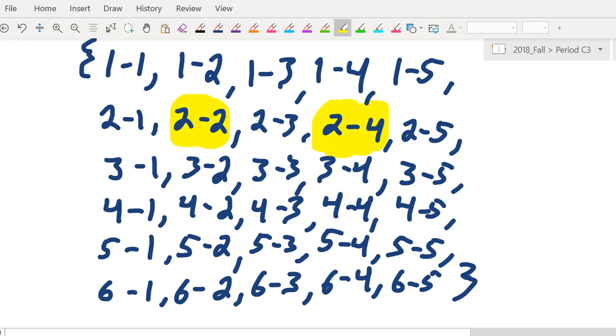I can predict it. It's going to be 2, 4, 6, isn't it? Yeah, if both numbers are even, he wins. So how many times does he win? 6 out of 30, right? 6 out of 30. Okay, but what were they asking?